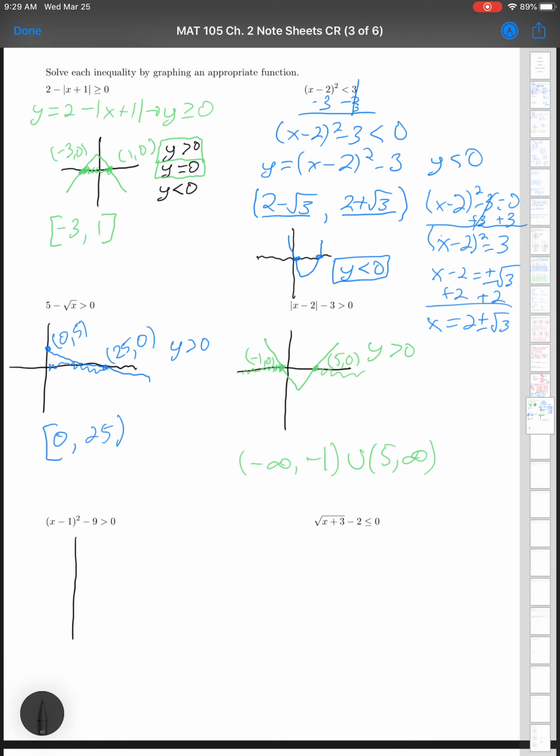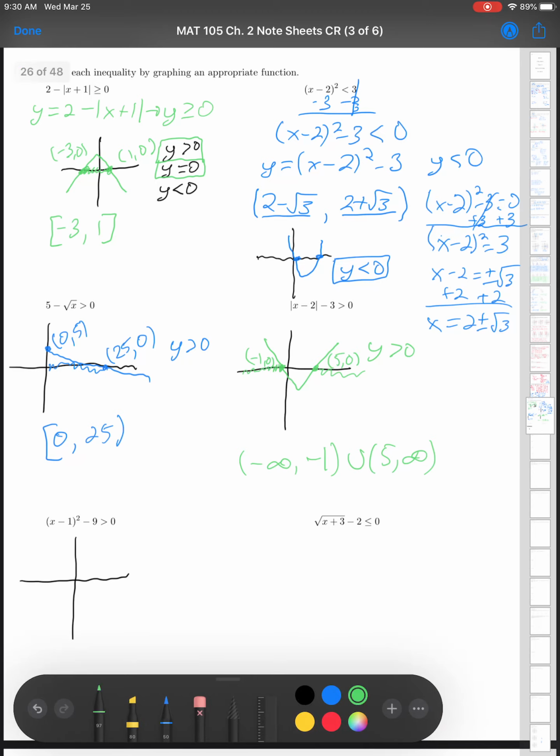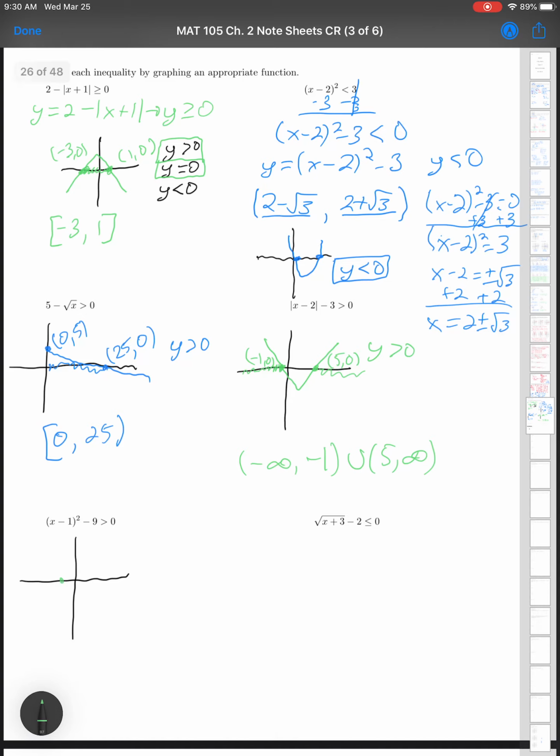Okay, so when you did these two, you should have started out, I hope, by graphing them. So if I go ahead and draw what these graphs look like. So this first graph should be, I believe, an x-intercept of -2, 0.